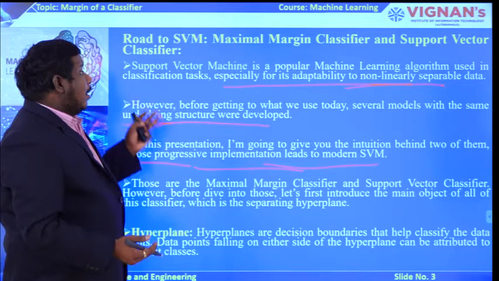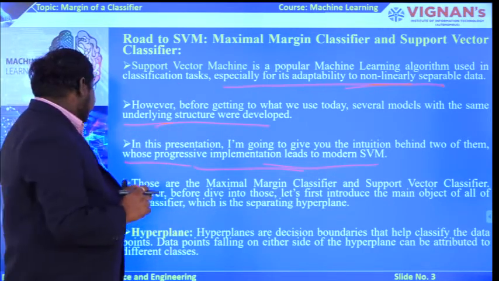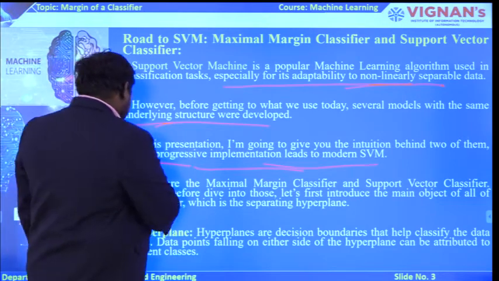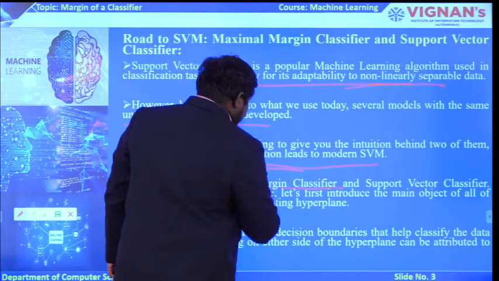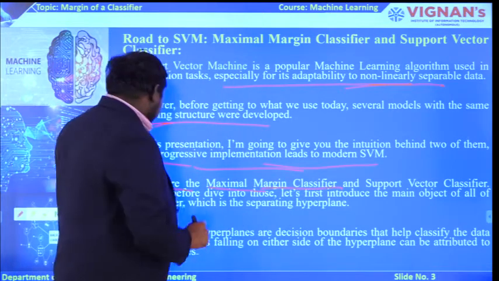How these two factors affect the SVM algorithm we will see here. Those are the maximal margin classifier and of course the support vector classifier. So these two are the factors we are discussing.